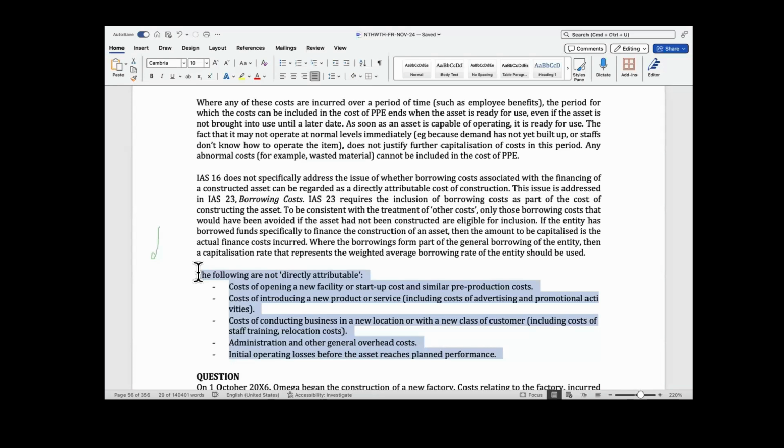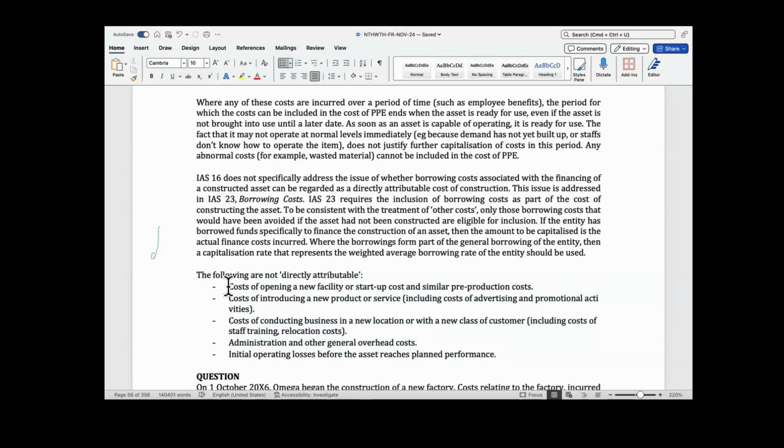My student came out and said, Mr. Wasil, that question was difficult. I said, no, it's not difficult, it's because you forgot it. So these costs that are not directly attributable are costs that you are incurring after the asset was ready for use. And what are these costs?